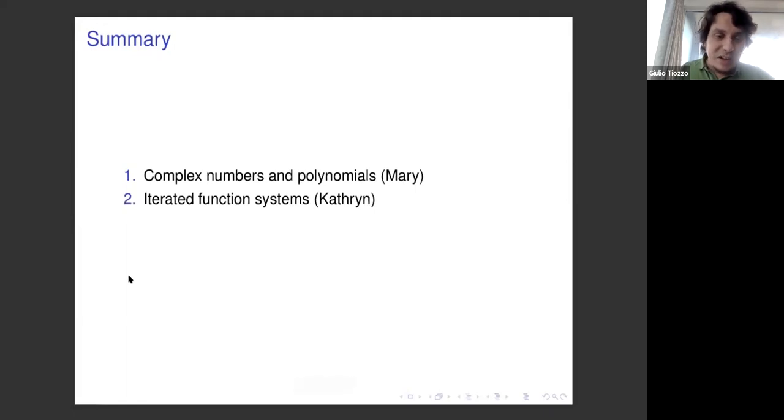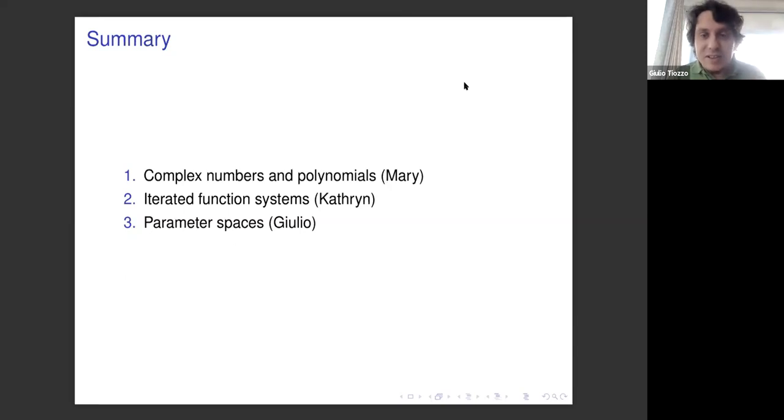Then we'll have an introduction to iterated function systems, like the one that produces the Sierpinski triangle, by Kathryn. And in the end, I will come back and describe a little bit about the mathematics of trying to describe all these possible iterated function systems in what's usually called the parameter space or moduli space. And in the end, of course, there will be even more nice pictures.